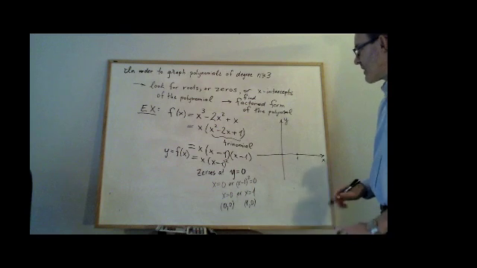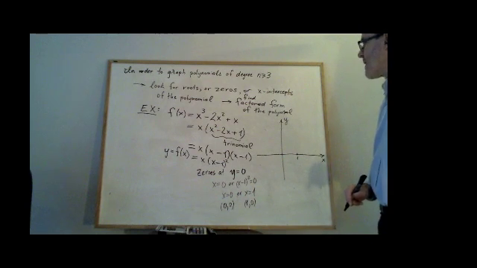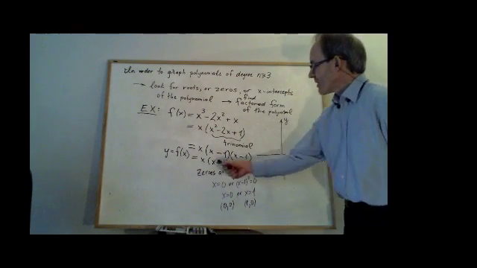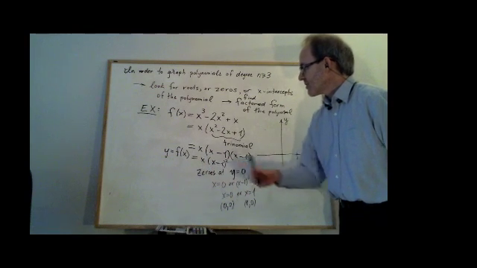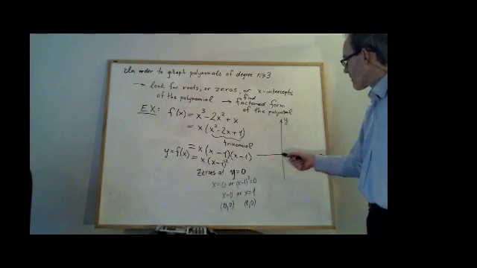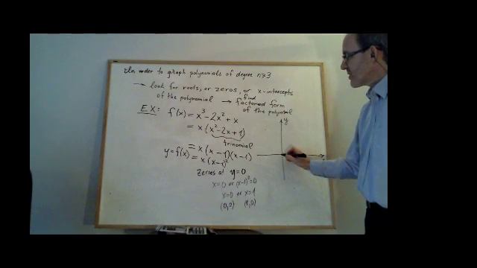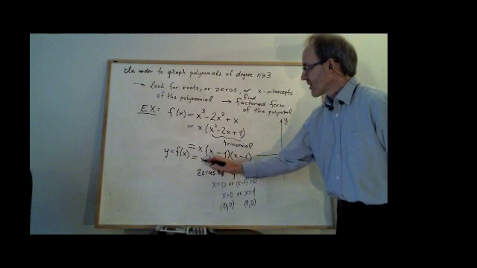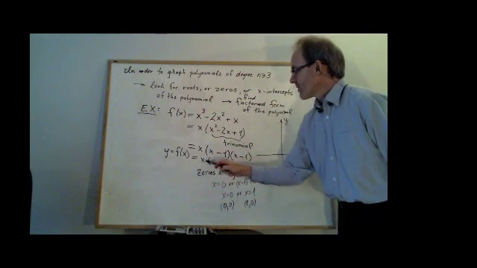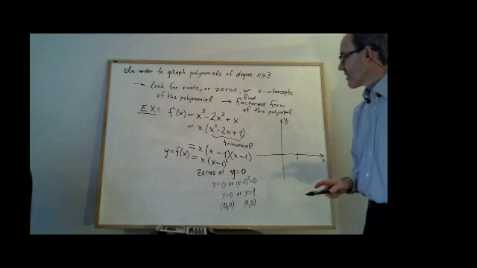You don't have to know calculus to do this, okay? What I'm doing is I'm near the point x equals 0. Okay, so near this point here, what is the factor that mostly contributes to the value of the product of these two factors?